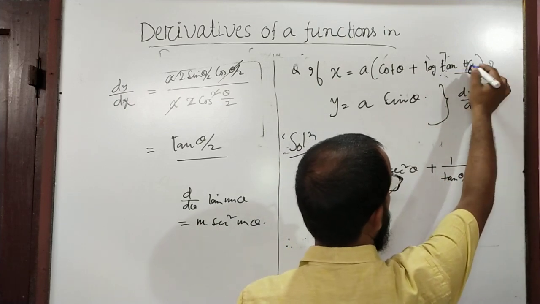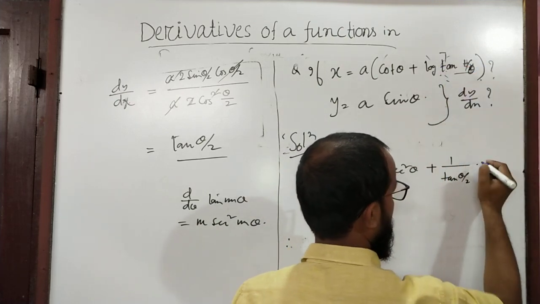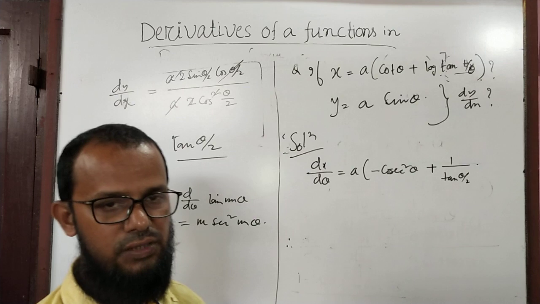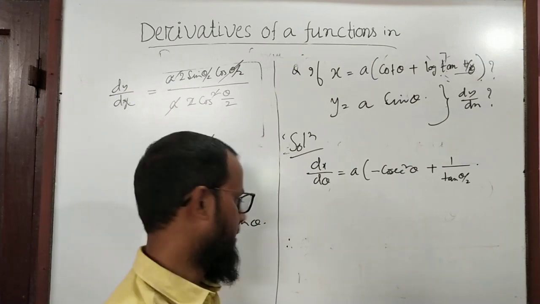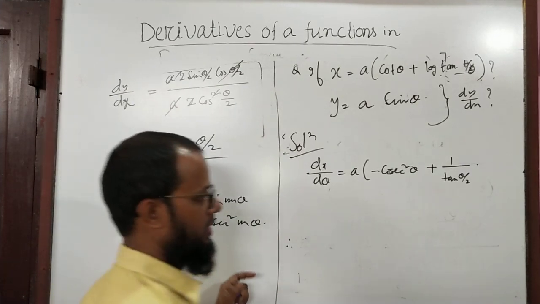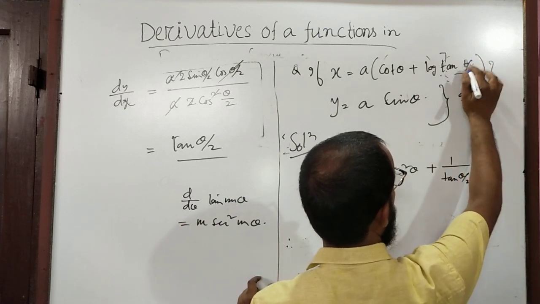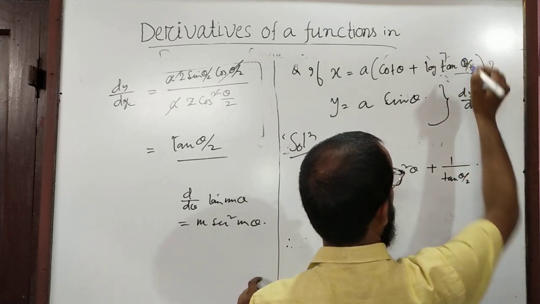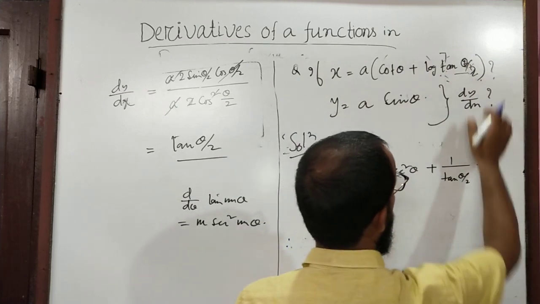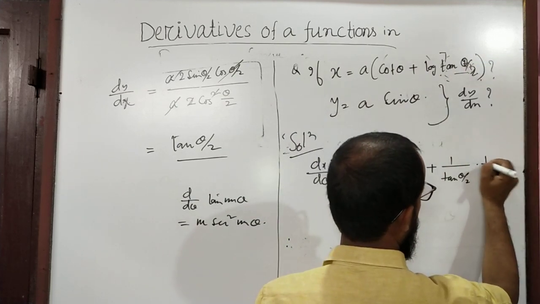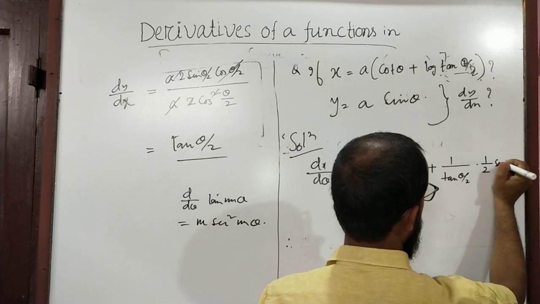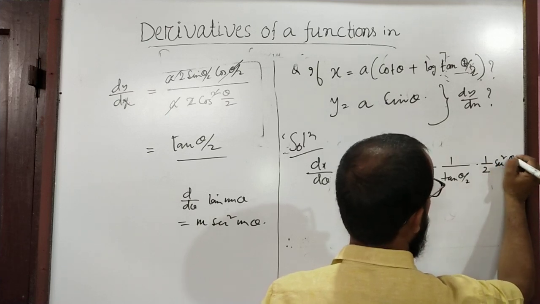So the derivative of tan theta by 2, what will it be? It will be m into sec square. m means what? The coefficient of theta. The coefficient of theta is half, into sec square theta by 2.